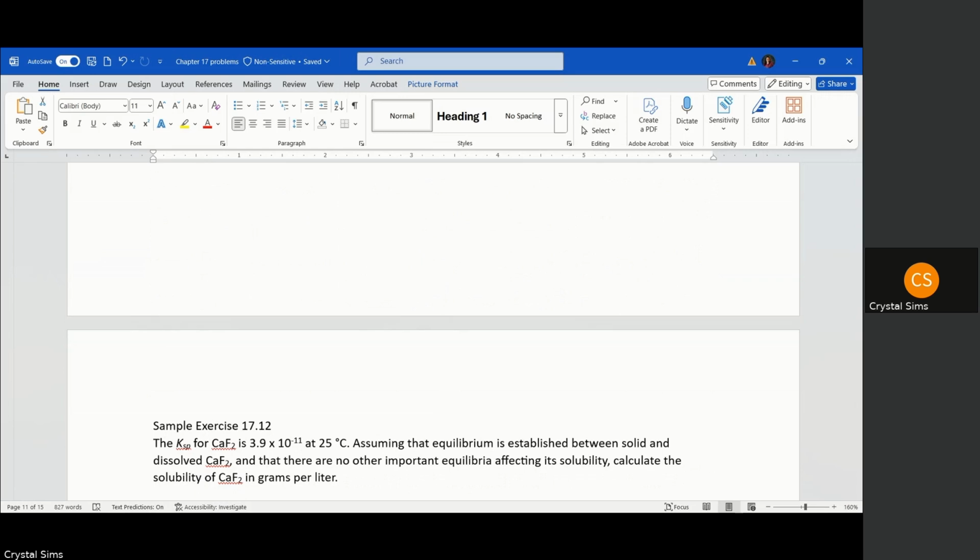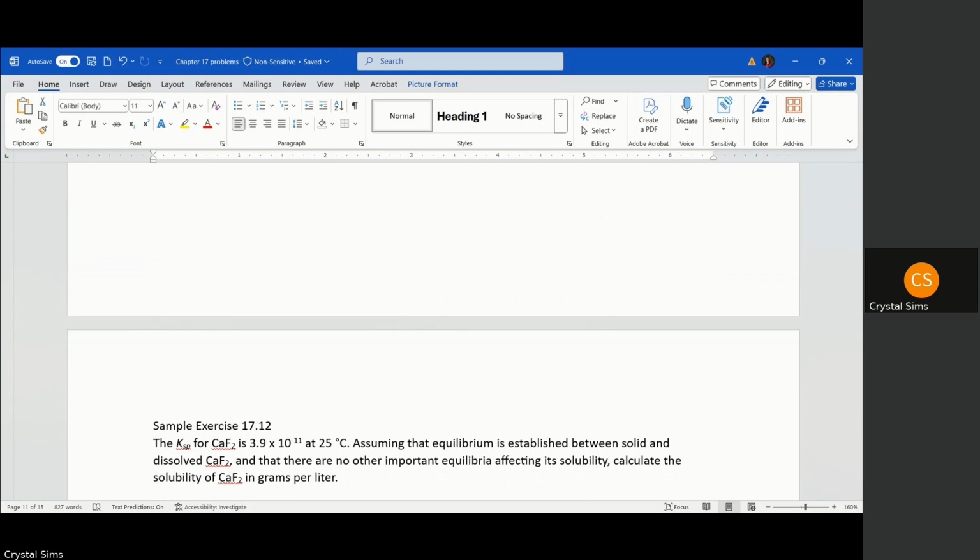Assuming that equilibrium is established between solid and dissolved calcium fluoride, and we have no other equilibria affecting solubility, calculate the solubility in grams per liter. So solubility is the quantity that can dissolve in the solvent. And so that's what we're asked to determine here.